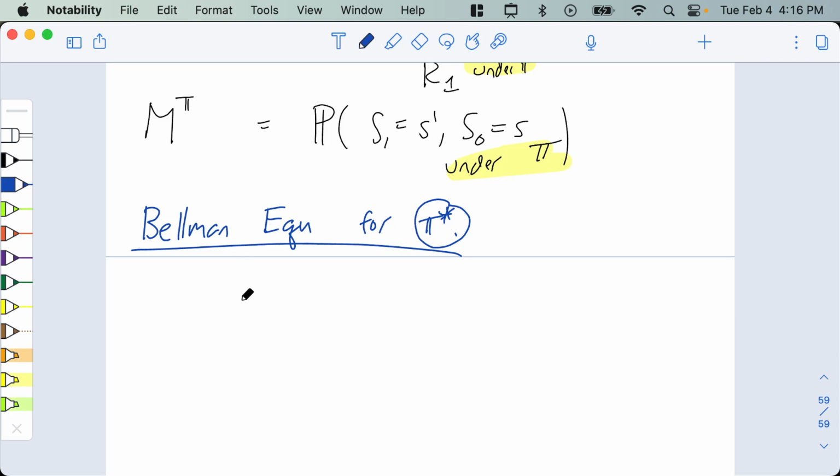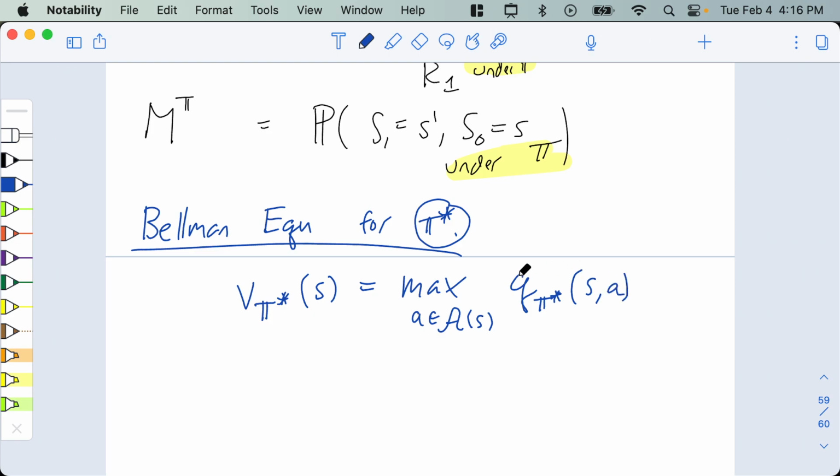So one thing the optimal policy satisfies is that the optimal value function at some state s is the maximum over all of the actions that you can take from state s of the q function, q pi star of s comma a. If you're playing optimally, then at every situation, you are doing the optimal thing depending on q star.